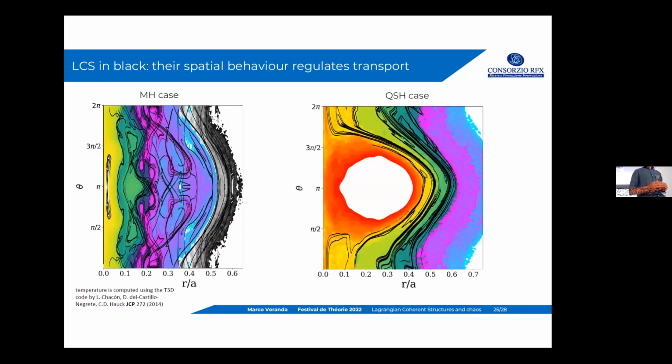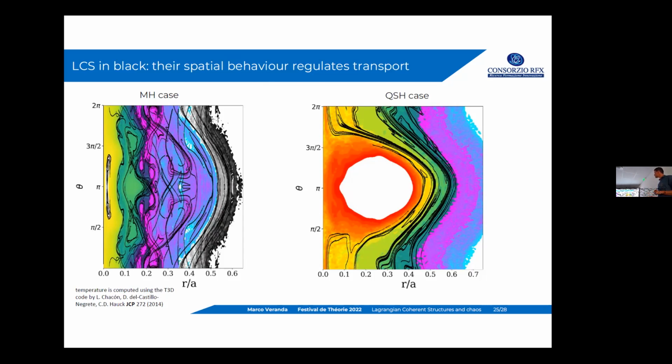In the next picture, the black lines are the Lagrangian Coherent structure for the two cases that we just saw. The contour plot in this case is a computation of the temperature made by a code that assumes the heating is only of ohmic kind. I want to do some consideration about this picture.